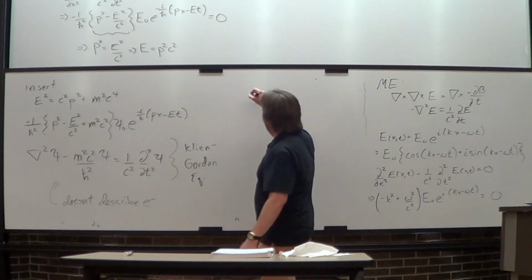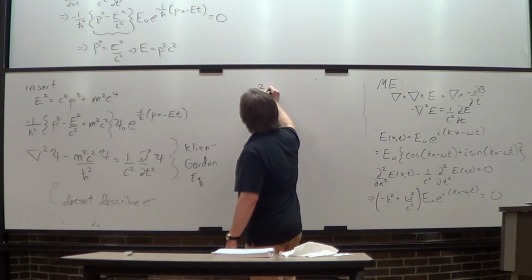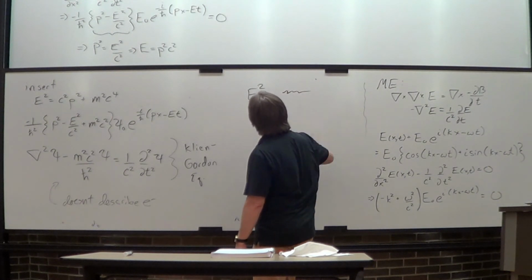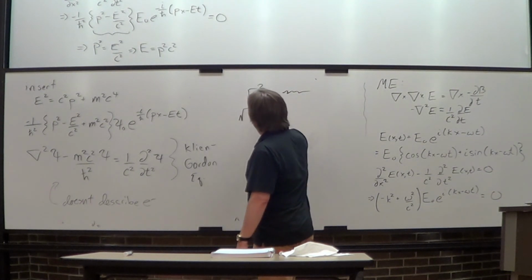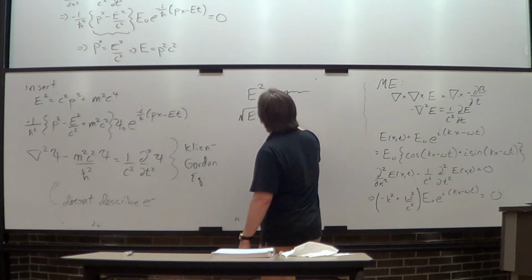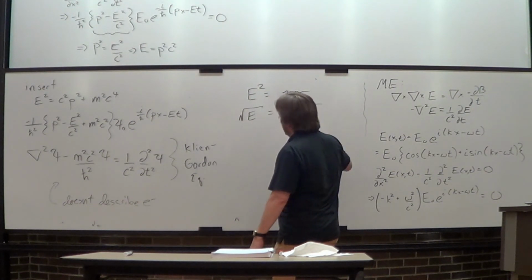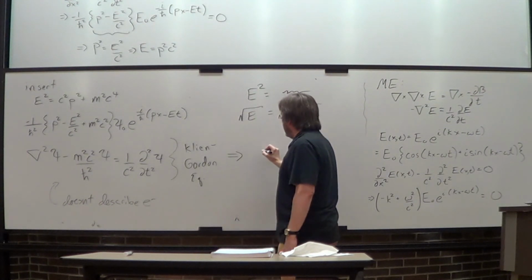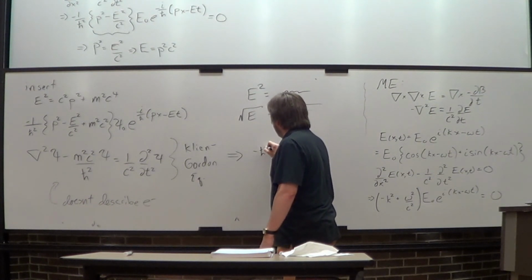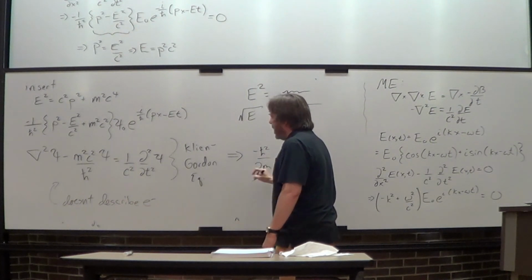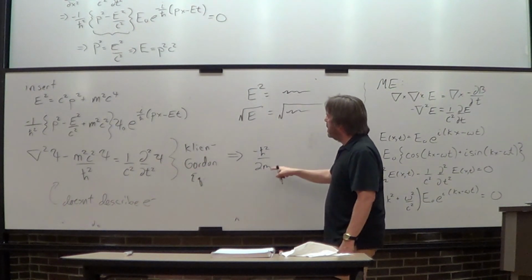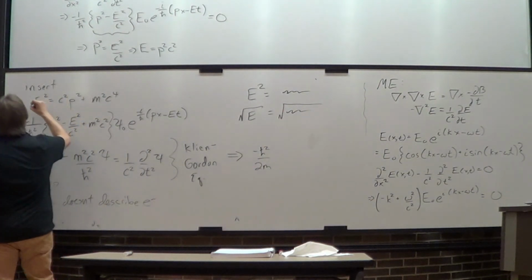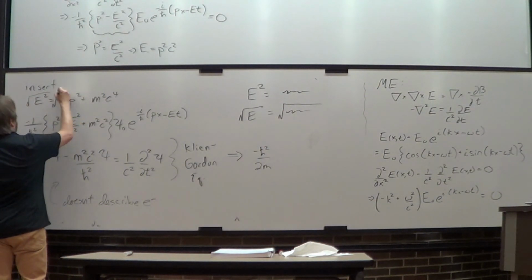Okay, the solution, by the way, was instead of working with this, E squared equals blah, the solution is to take the square root and make some approximations, and then what you get, the derivation from here to here, assuming that you're going to work with the square root of energy instead of just energy.